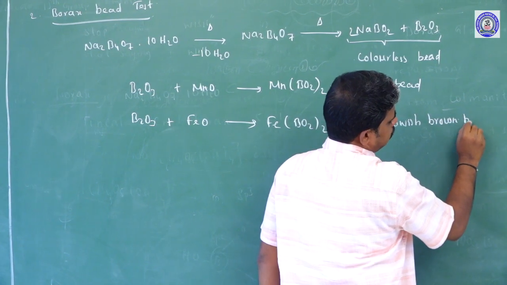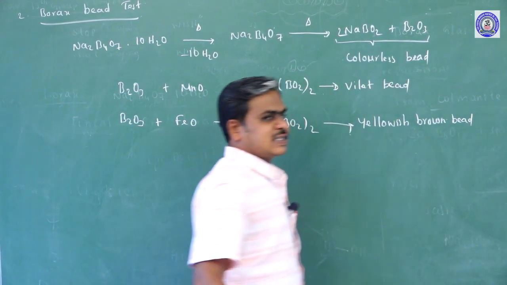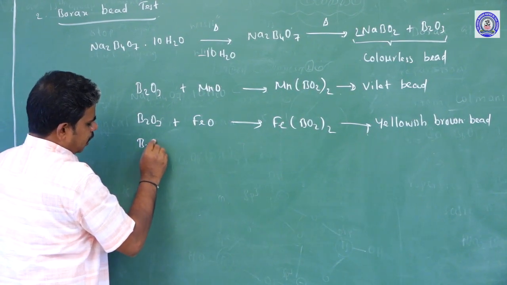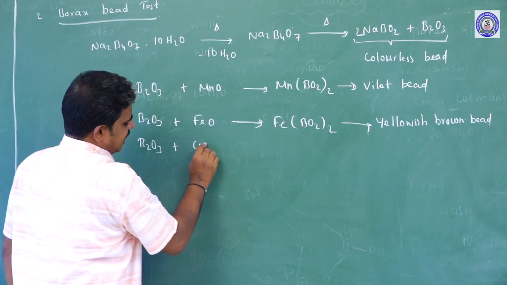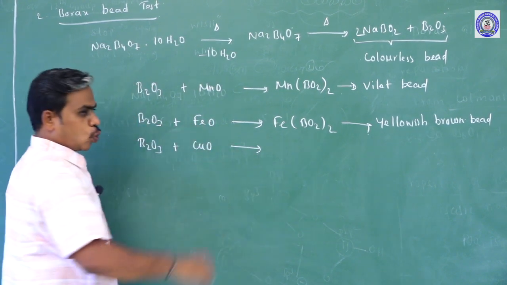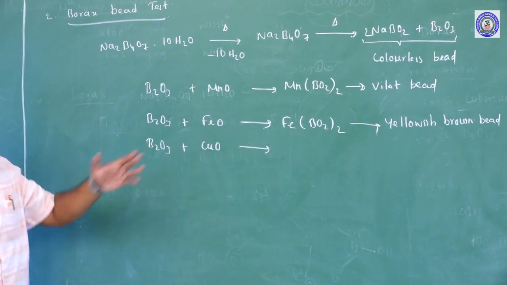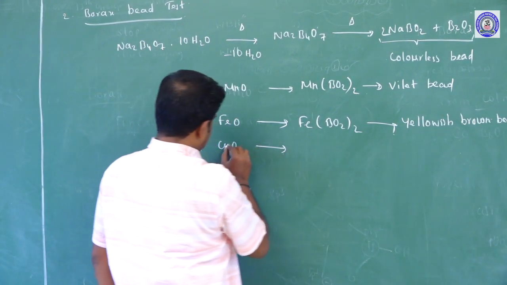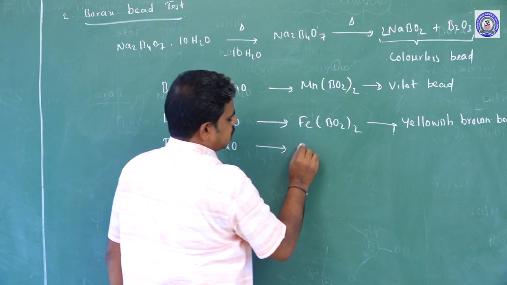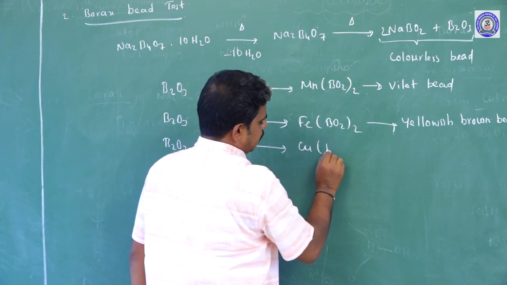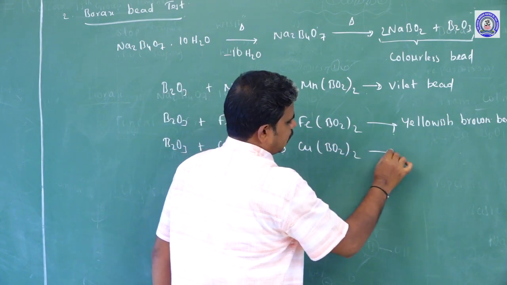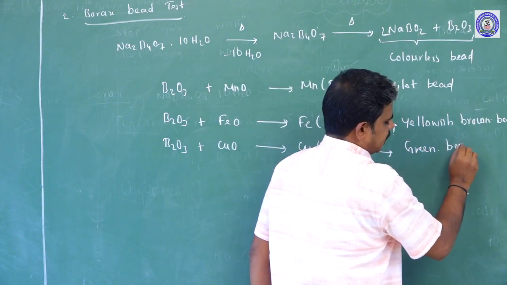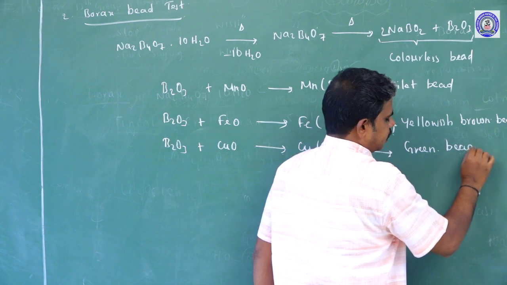And the same way B2O3 is reacted with CuO, cupric oxide, a metallic oxide. Then we may get Cu(BO2)2, which is a green bead.